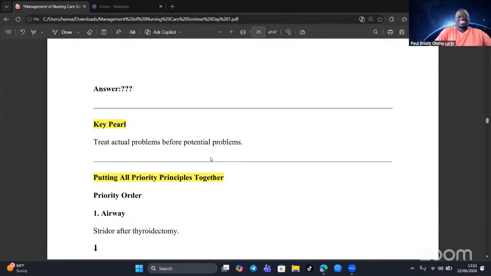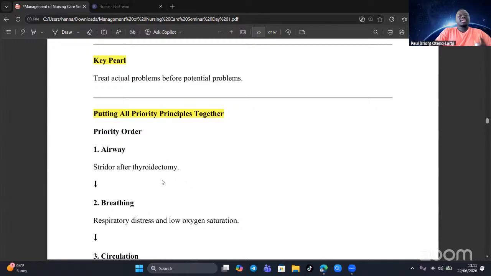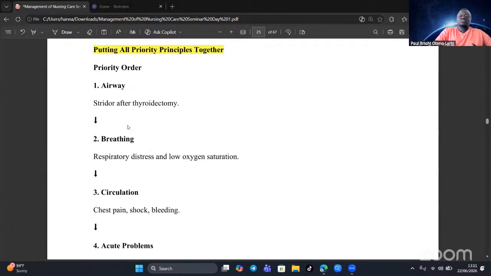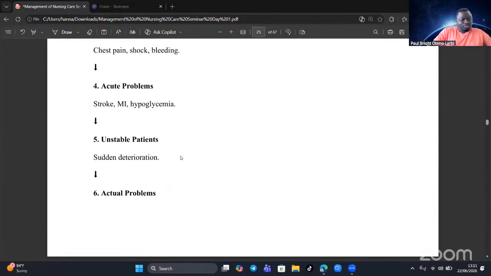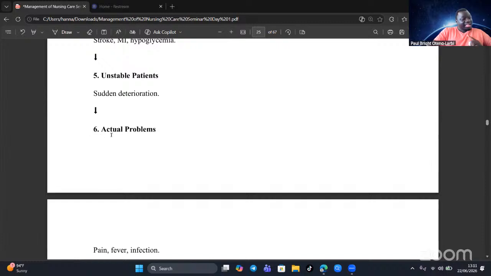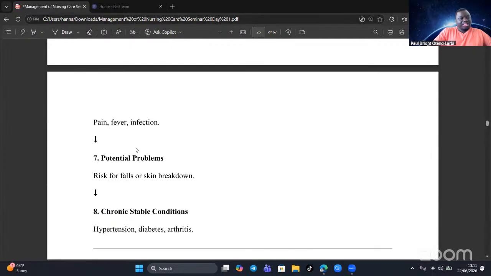That's key. Yeah. So read actual problems before potential problems. Putting all together, this is the priority order. Airway, ABC will come first, no matter what, on the scale of priority. Then acute, unstable, actual problems.